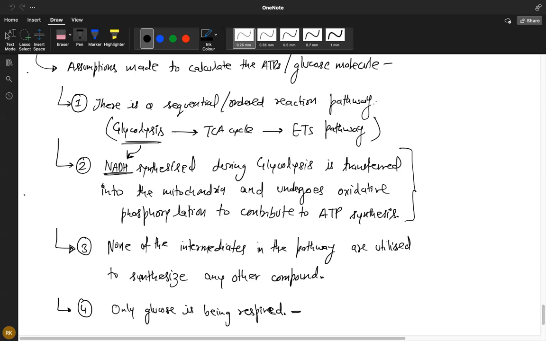Amphitheater is a theater for dual cues, which is sound and vision, right? That's why it's called an amphitheater. It harnesses both sound and vision. So you can see plays in an amphitheater where you are seeing someone performing, also hearing a sound. And then comes amphibolic. The word bolic is from metabolism. We know there are two types of metabolic pathways which we have studied till now.